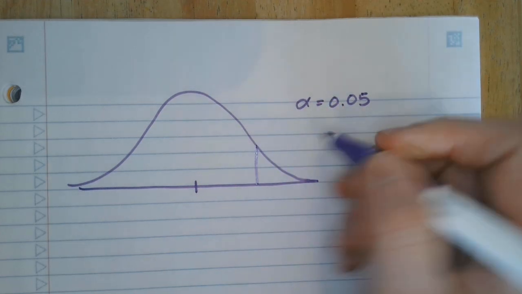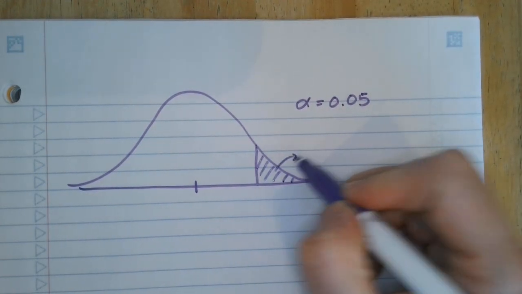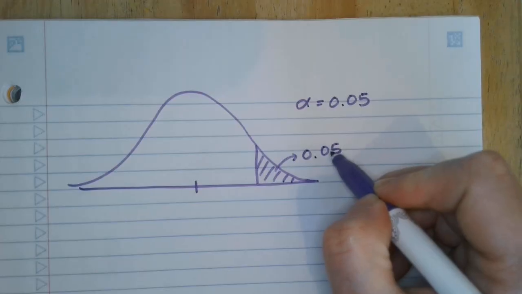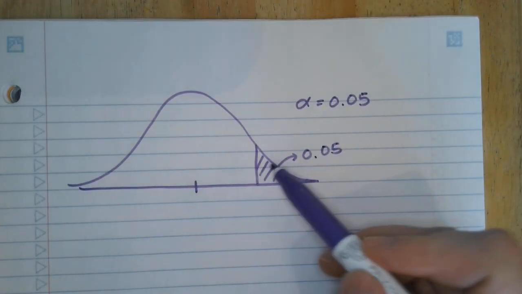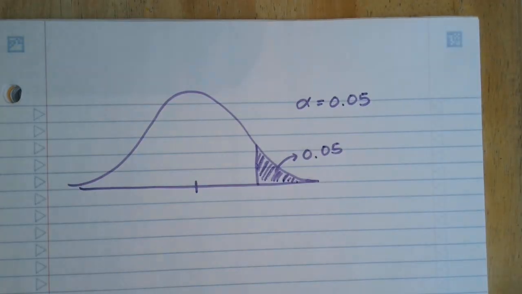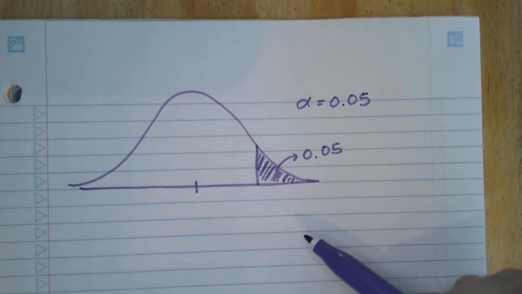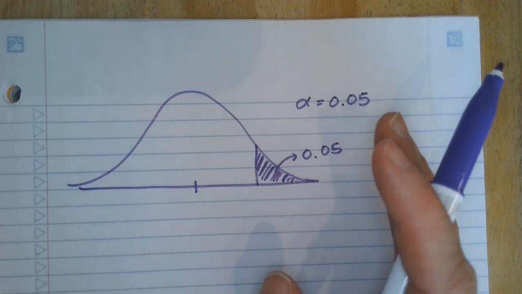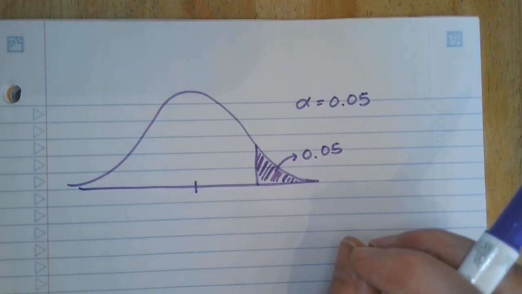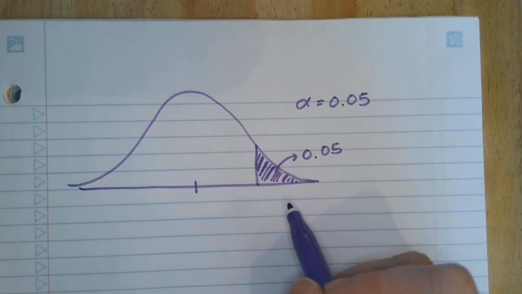But let's say we have it right here, and this probability is 0.05, okay? Just like when we were doing the normal curves and we would shade in, this part here is 0.05. I don't want my p-value, my probability, to come back to me at less than 0.05.